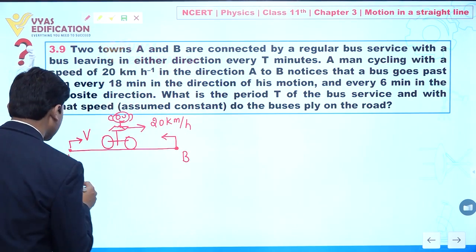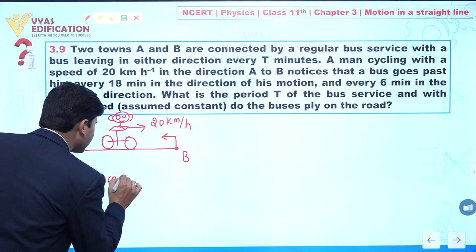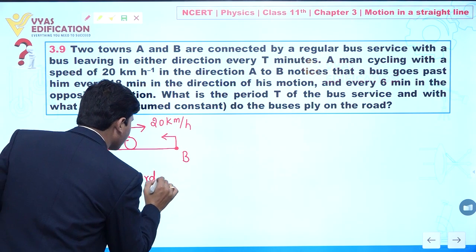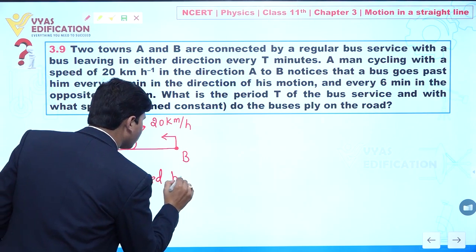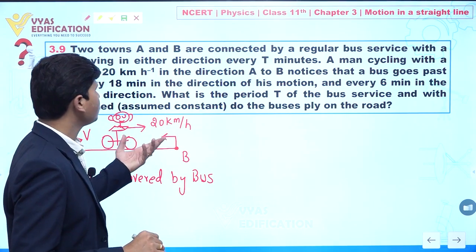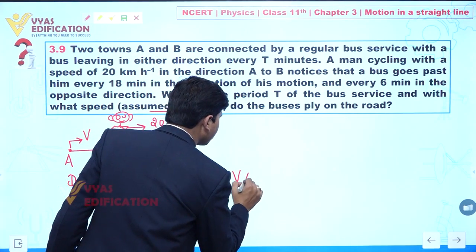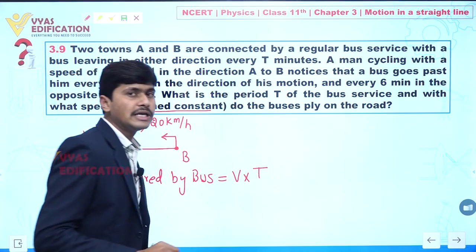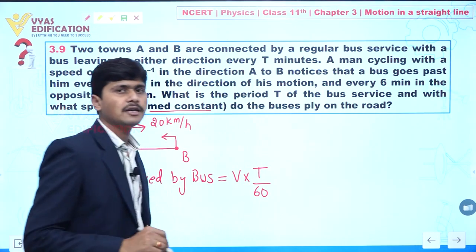So can we find the distance covered by the bus? If it has a uniform speed, as given in the question, we can write this as V multiplied by T. This time is given in minutes, so we divide by 60.